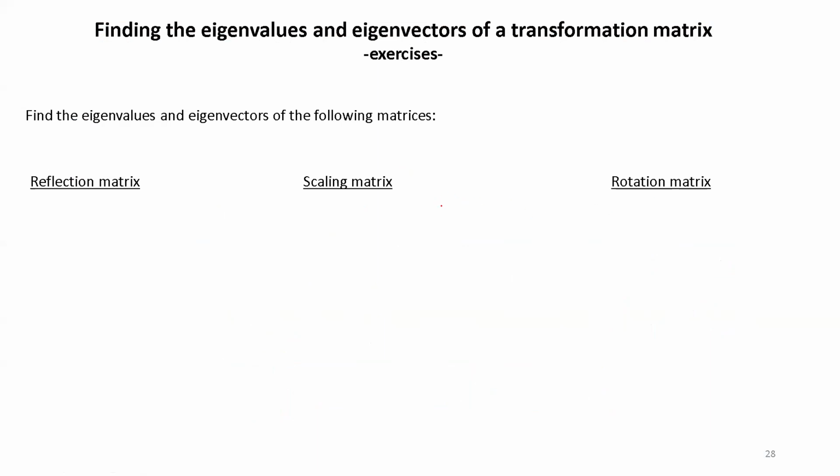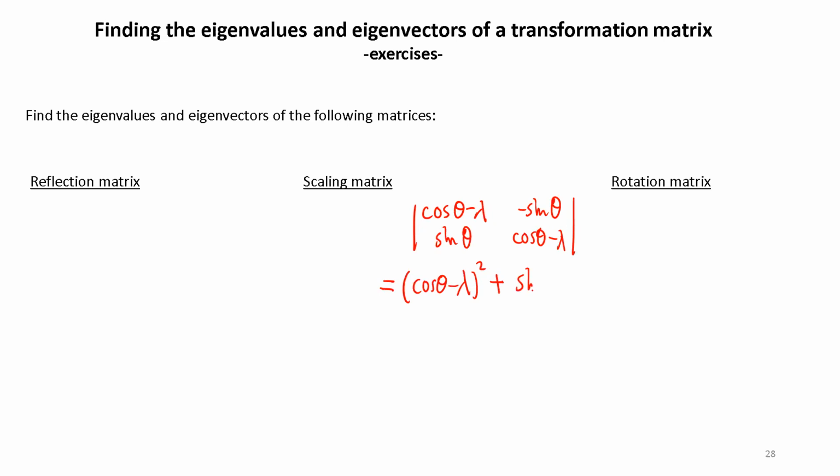So for the rotation matrix, I require the matrix with cosine theta minus lambda, minus sine theta, and sine theta, cosine theta minus lambda. So I'm looking for this determinant. If you expand it, you'll have (cosine theta minus lambda) squared plus sine squared theta equals 0.